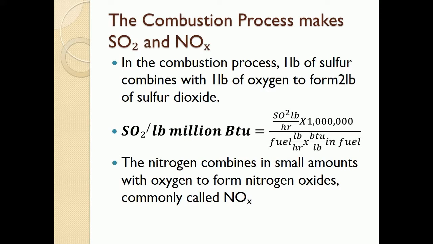The combustion process makes sulfur dioxide and NOx. 1 pound of sulfur combines with 1 pound of oxygen to form 2 pounds of sulfur dioxide. Sulfur dioxide in pounds per million BTU equals sulfur dioxide in pounds per hour times 1 million, divided by fuel in pounds per hour times BTU per pound of the fuel.